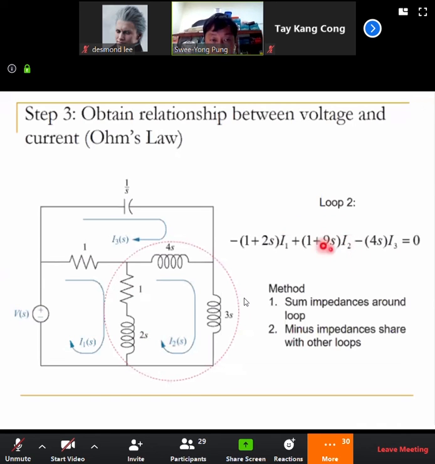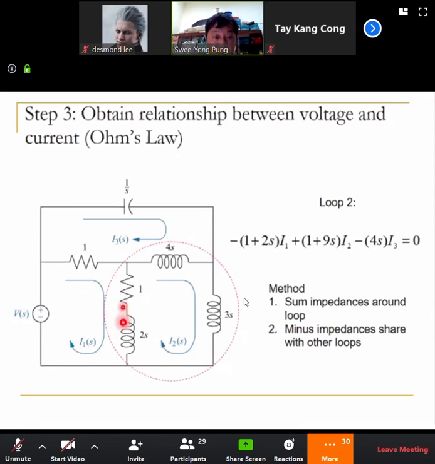It shares these two components with I1, so it is 1 plus 2s, bracket multiply I1, with a negative sign.